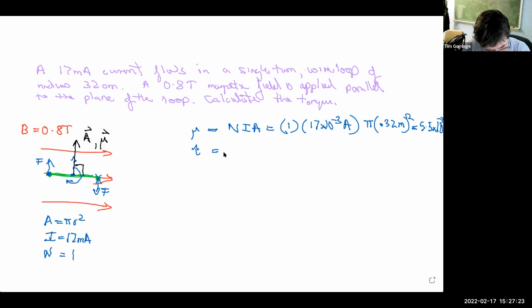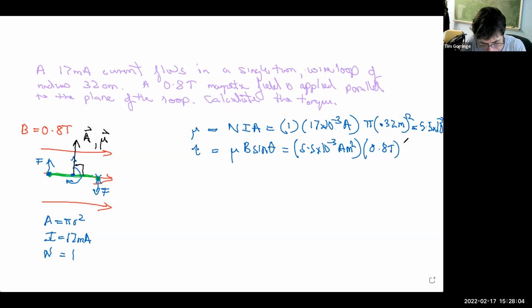So the magnetic torque that arises equals mu, the magnetic moment, times B, the magnetic field, times the sine of the angle theta between those two vectors. In this case, we calculated our magnetic moment is 5.5 times 10 to the minus 3 amps meter squared. We've been given the magnetic field, 0.8 Tesla.